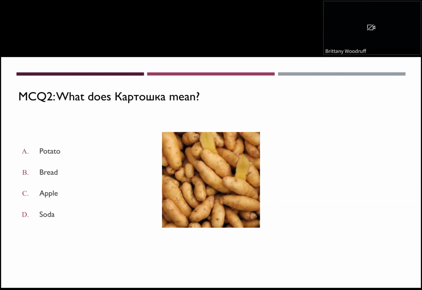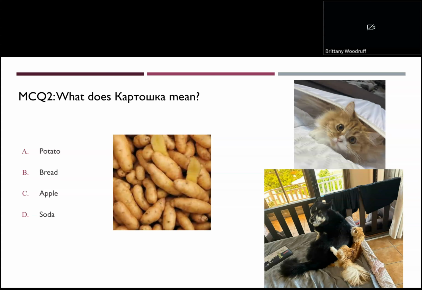It also happens to be the name of my cat. Kartoshka. That's my husky's torment.